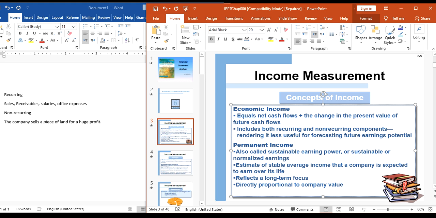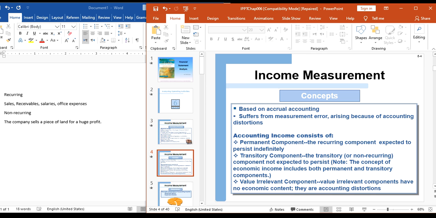Okay, so through this you can expect some upcoming years income for the company, and shows the earning power of the company over how many years will be, like using the past earnings, past incomes. We can expect the future incomes of the company.